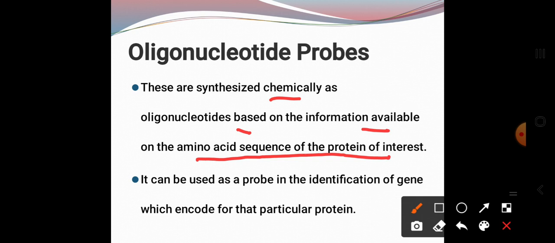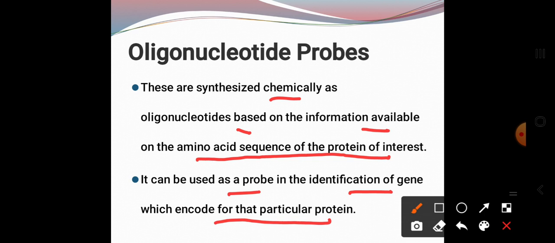They can be used as a probe in the identification of the gene which encodes the particular protein.